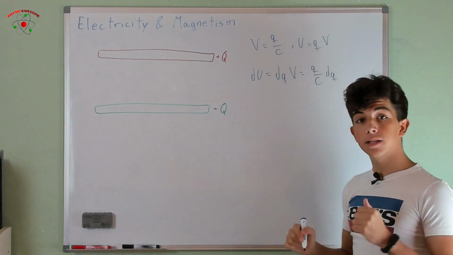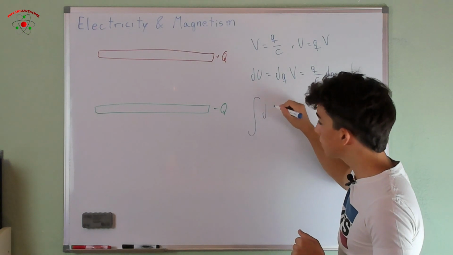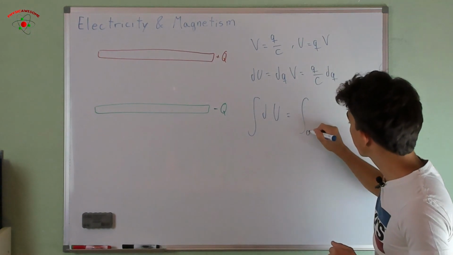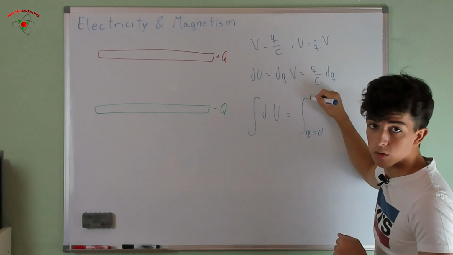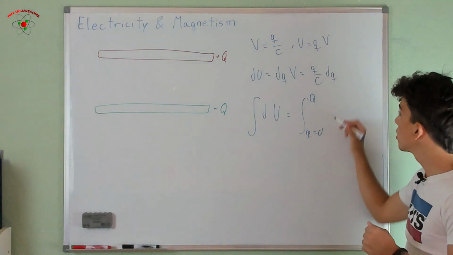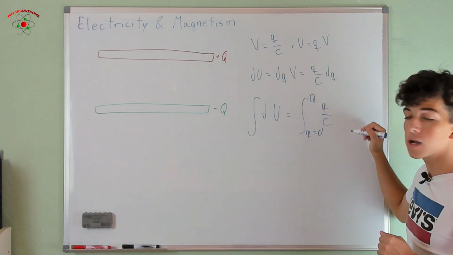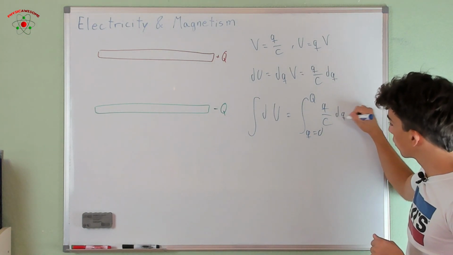Now we may integrate this, so we know that the integral of dU equals the integral from q equals 0 to the actual charge we have, of q divided by the capacitance, dq.